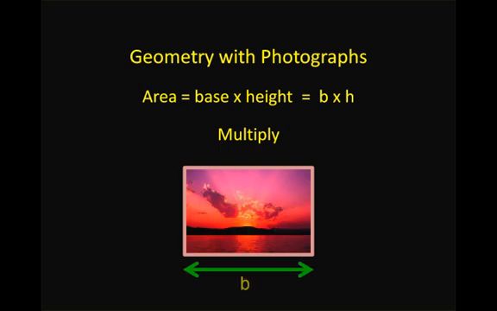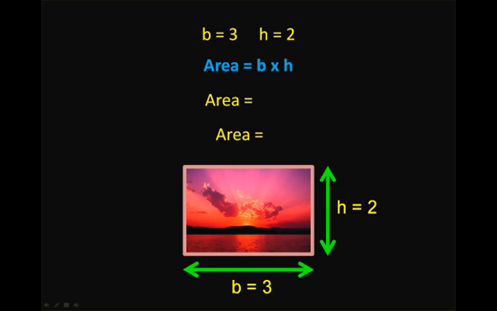So here is our base along the bottom, and here is our height along the side. So let's apply our numbers again. B, the base, is equal to 3. H, the height, is equal to 2. And our formula again is area equals base times height. Put our numbers in, 3 times 2, and we have an area of 6.